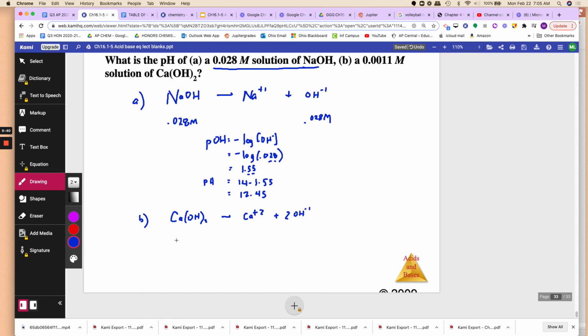Okay, so if this is 0.0011, that means you'll get double this, 0.0022, which means pOH is going to be equal to negative log of 0.0022, which is equal to 2.66, and pH is equal to 14 minus 2.66, which is 11.34. Okay, this has two significant figures. You get two significant figures here.